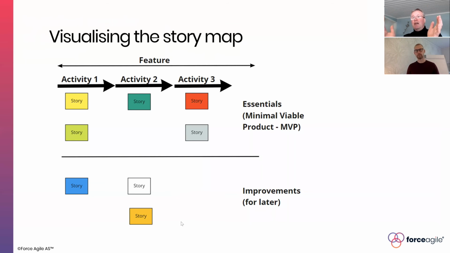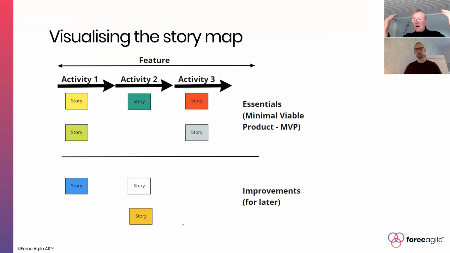And as you see here, we have a horizontal line, and above that are the essential things. So we break things down in what is really needed, what kind of development tasks we do in a certain feature at a certain time, and then we wait with additional improvements for later. So thinking in this way: what is needed now?